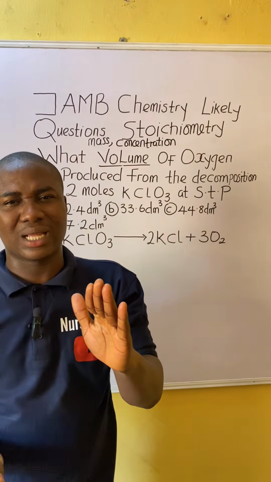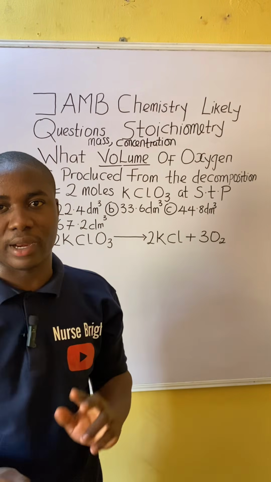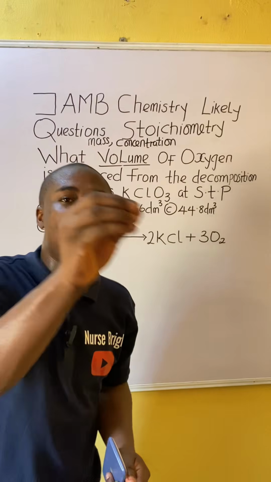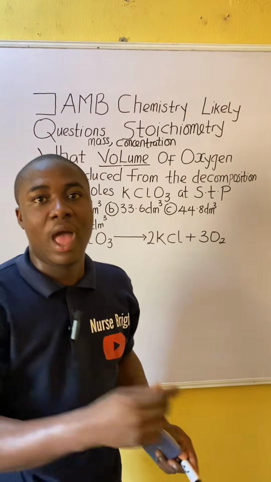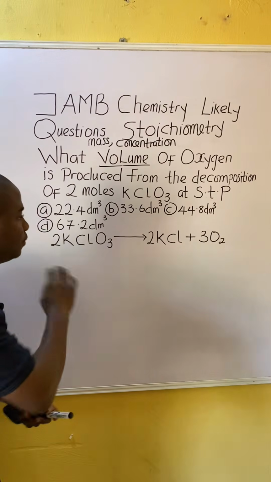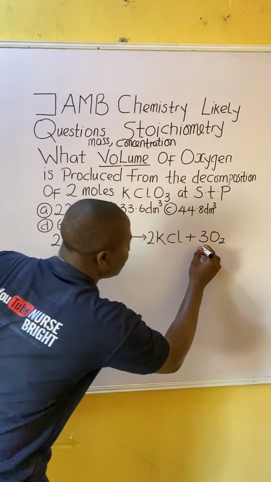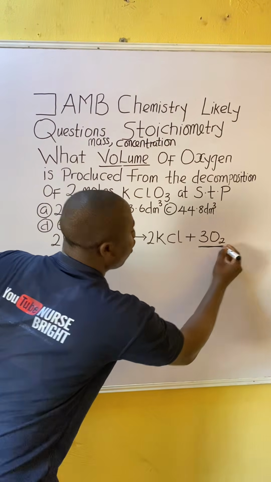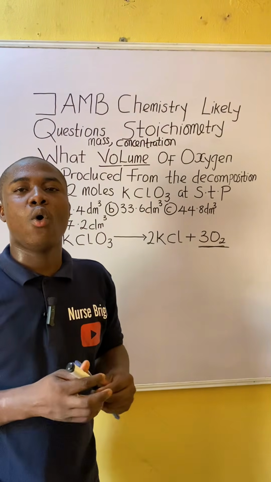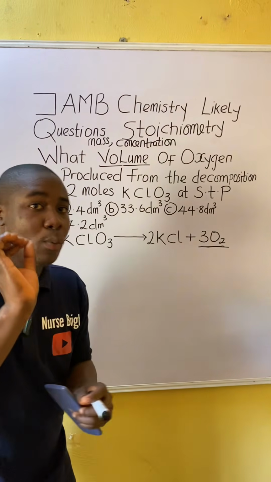When you see any element in any question, you go back to your reaction and look for that element or compound you just read. So I said, what volume of oxygen? Then I go back to my reaction and search for oxygen. I've seen where oxygen appeared, and it was here. So when you see oxygen, you highlight oxygen, which I've done, then you progress.